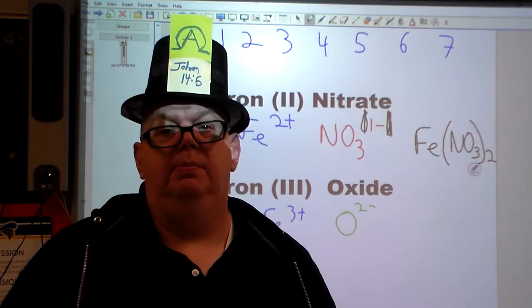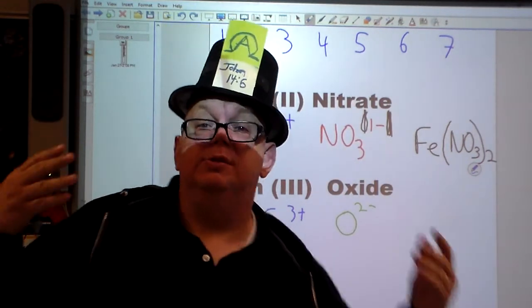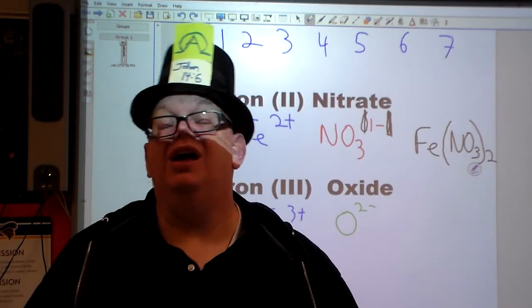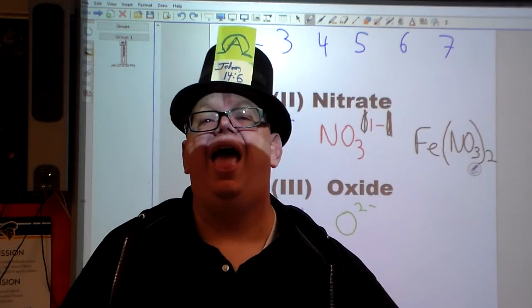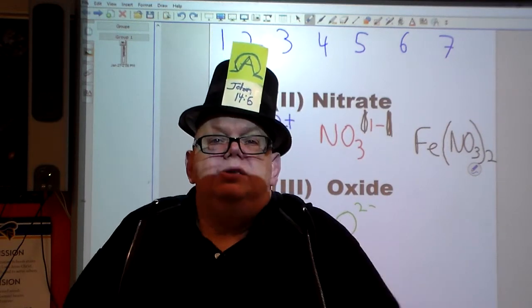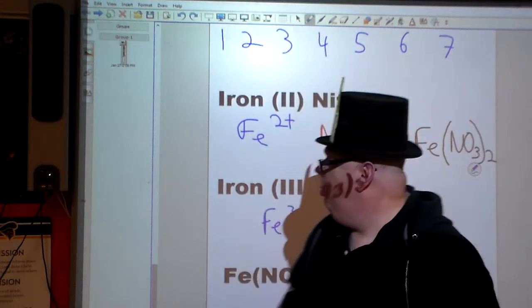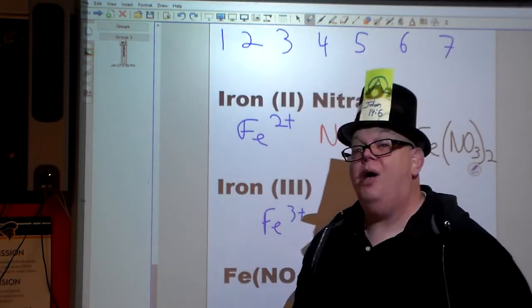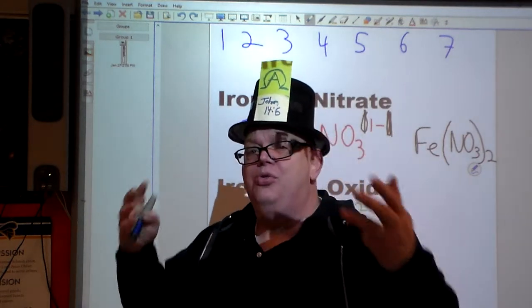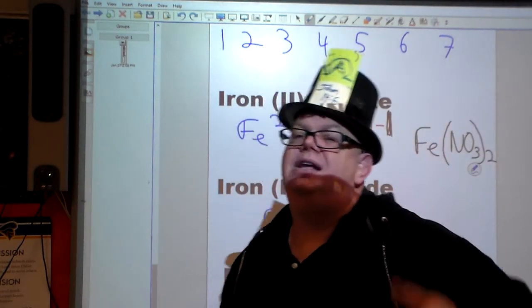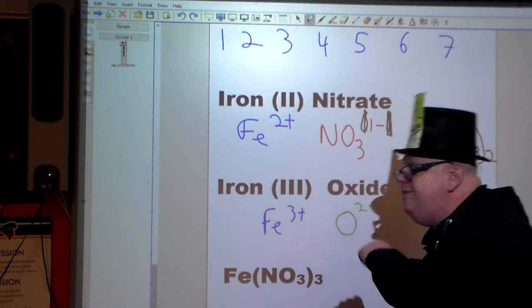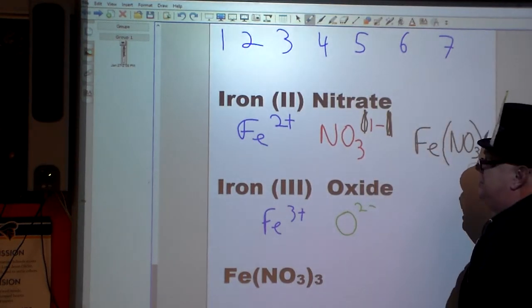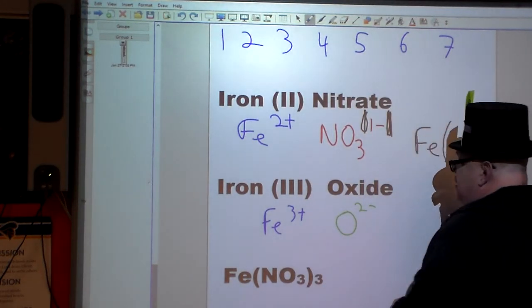It has multiple. Silver is a +1. You will never see a silver Roman numeral 1. Ever. Because it's the only one. Whereas we have to do this for iron 2 and iron 3. Because while they're related, they're both irons, they are not exactly the same. And they'll behave differently too. They have different personalities.